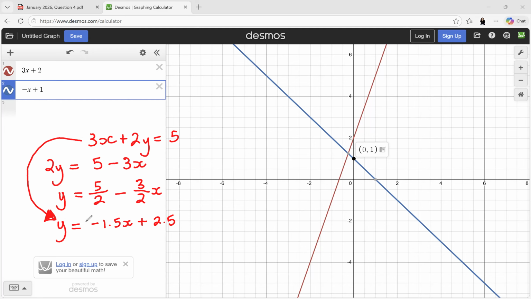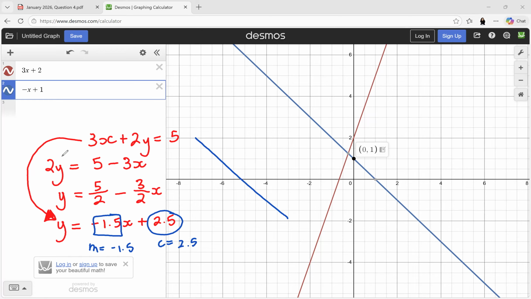Here, the gradient of this line would be negative 1.5. So the gradient is negative 1.5 and the y-intercept is 2.5. C here is 2.5. So I'm expecting that my graph is going to be going down in that direction and it's going to cut the y-axis when y is 2.5.